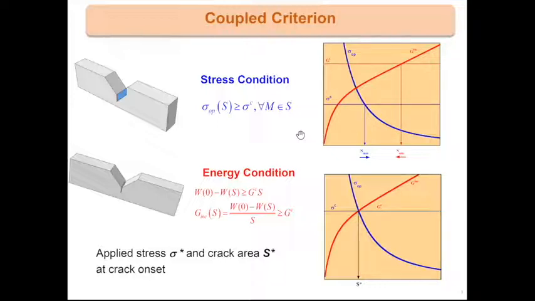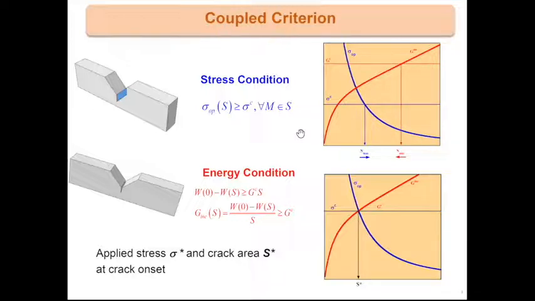If you increase the loading, you will move the two bounds. And finally, for only one unique loading, you will have one value of the crack increment, which is the value at crack onset. This is a typical standard application of the coupled criterion.